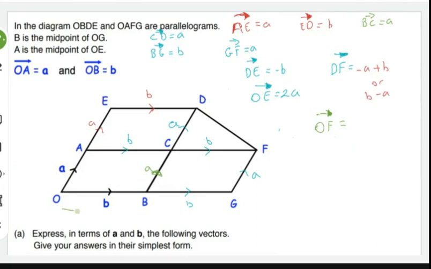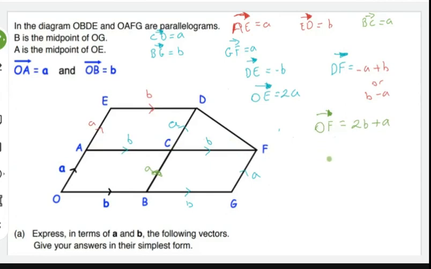Yep. Perfect. So you're going along this path and then along this path. That's going to be, as you said, 2b plus a. Equally, you could have gone along this path and like that. a plus 2b is the same thing. Okay.